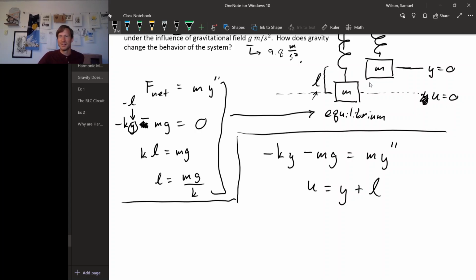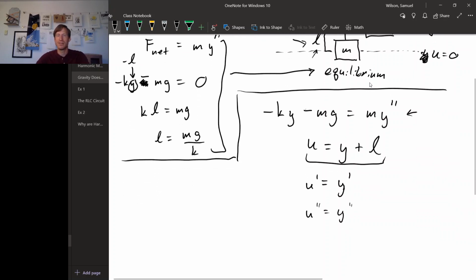If we plug in negative L for y, which is this equilibrium position, then u is 0. So let's use this new coordinate function u and do a substitution to see what this differential equation turns into. Let's take a derivative. u prime is y prime plus, well, L is a constant, so when we take a derivative, L goes away. u double prime is y double prime.